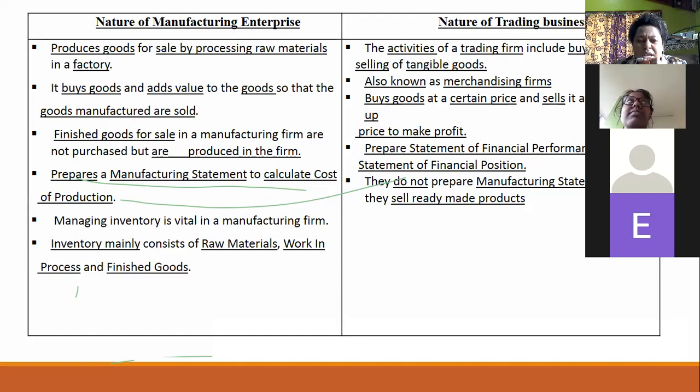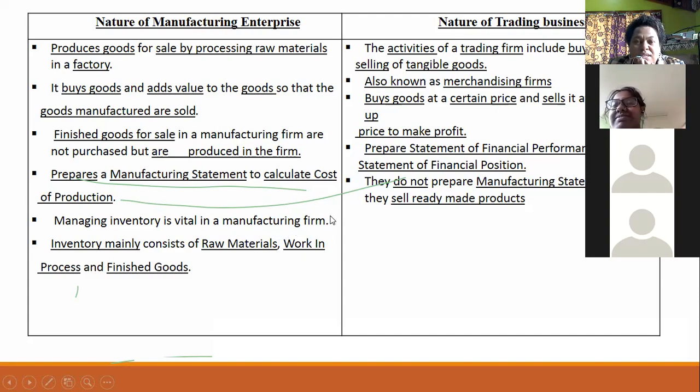Clear those machines, and then we feed them with another set of raw materials. So those are the differences between a manufacturing enterprise and a trading business.